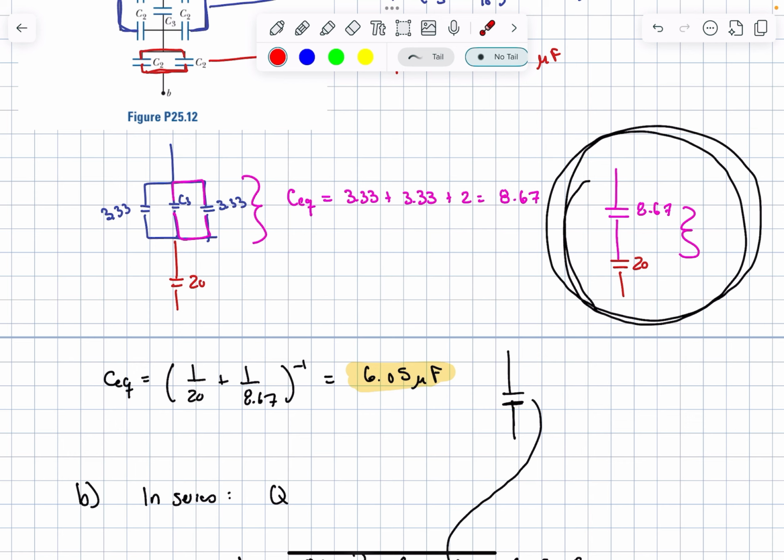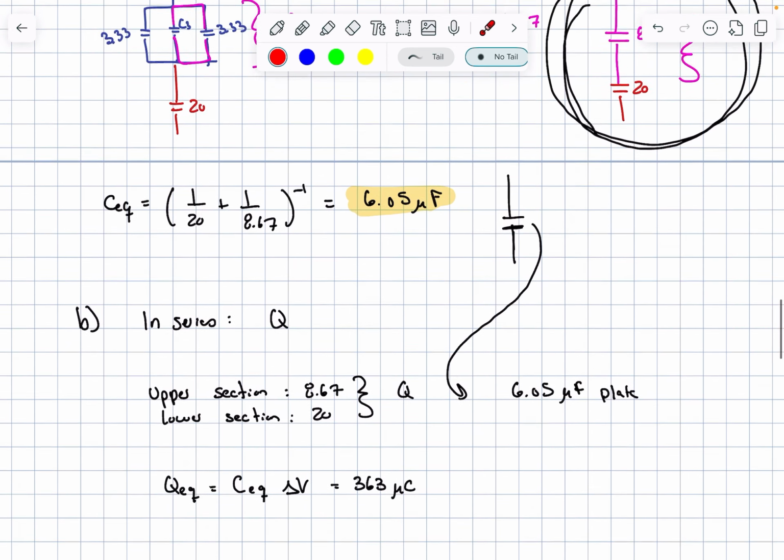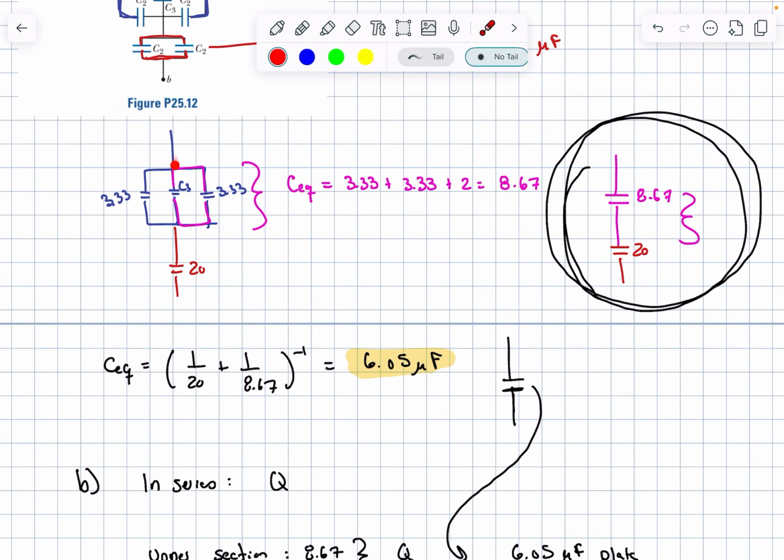Now the next part is to say, if there were 363 microcoulombs coming in here, they didn't all get that same amount of charge. They got a different amount of charge each. But what we do know about something that's in parallel like this is that they have the same potential difference. So each one of these, 3.33, C3, and this 3.33, have the same potential difference.